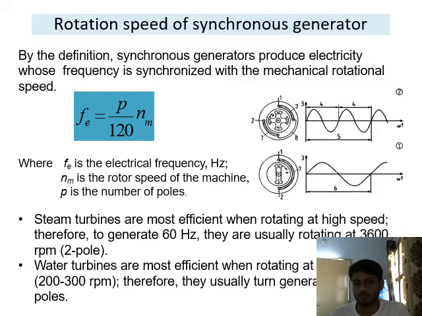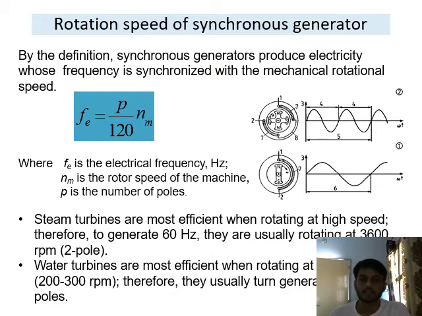Poles are fixed when construction is done, but the speed varies, because if the load on the generator increases, the speed falls. Due to this fall in speed, our frequency will change. So we have to remember that if we want a constant frequency, we have to maintain a constant speed.